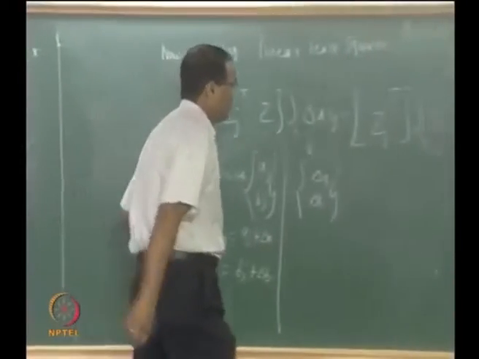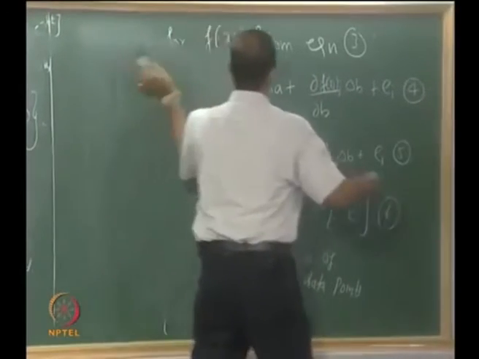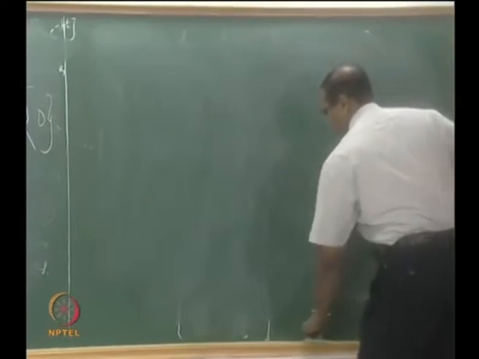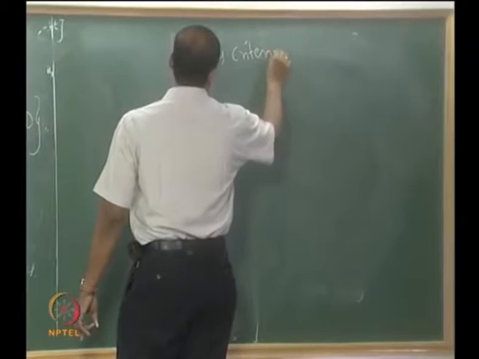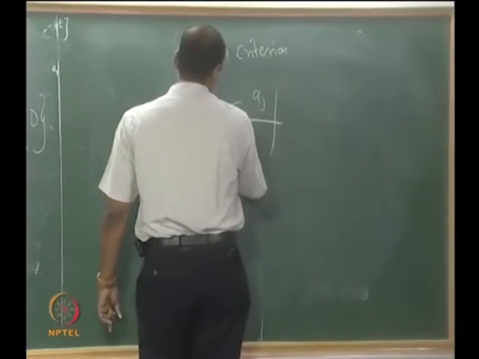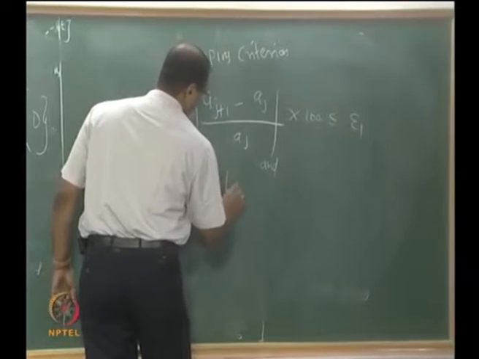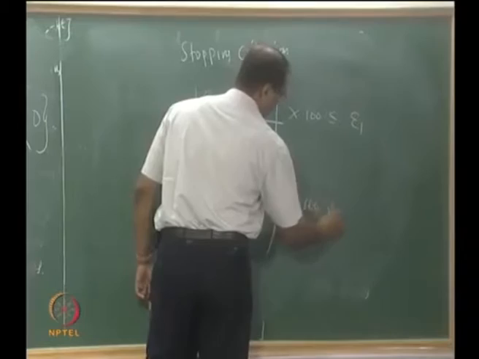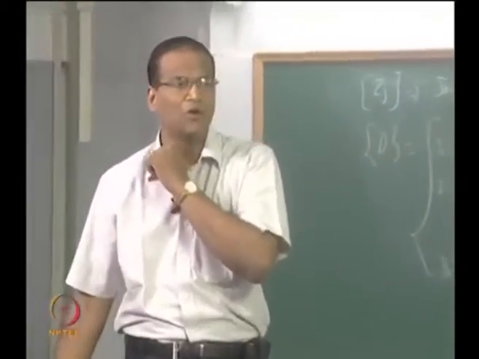When do you stop? Where epsilon 1 and epsilon 2 are decided by you, they can both be equal, but it could be different.